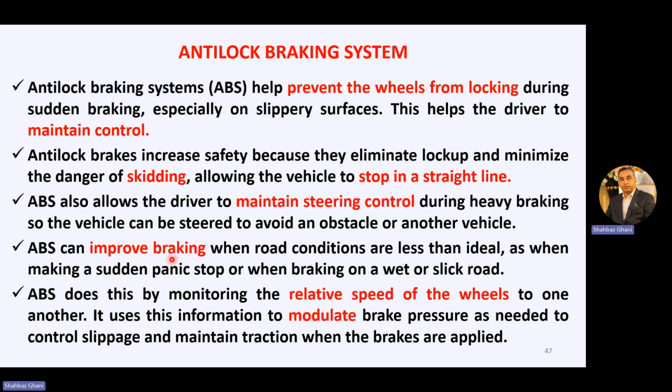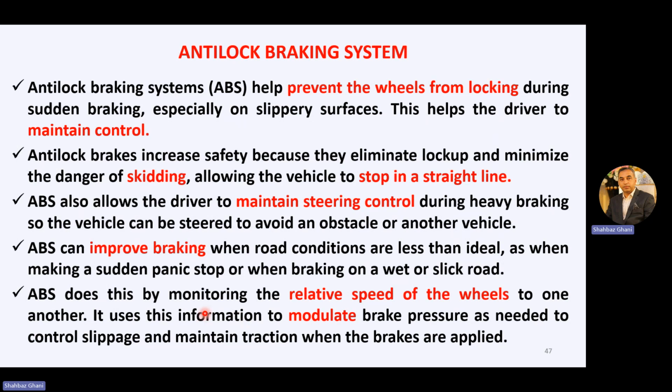ABS can improve braking when road conditions are less than ideal. So if your road conditions are less than ideal, ABS can improve your braking, as when making a sudden panic stop or when braking on a wet or slick road. ABS does this by monitoring the relative speed of the wheels to one another. Because there are sensors installed on the wheels, they are monitoring every wheel speed.